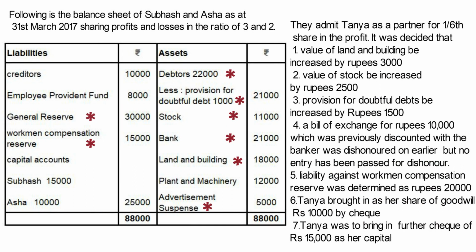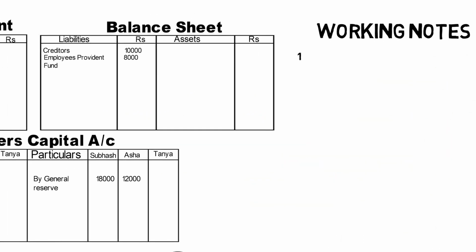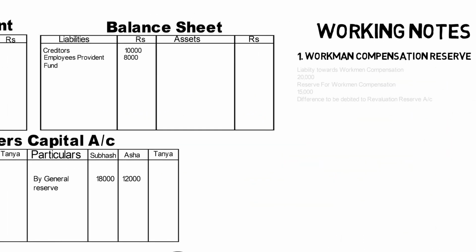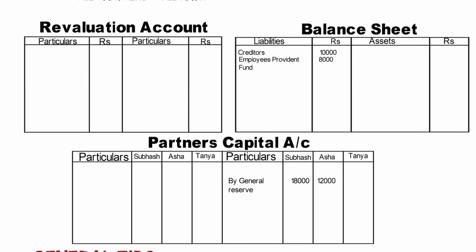There is an adjustment for the same. Liability against Workmen Compensation Reserve was determined at 20,000. The reserve for workmen compensation is only Rs 15,000, but the liability towards workmen compensation is Rs 20,000. Therefore, the excess liability of 5,000 will be going to the revaluation account.